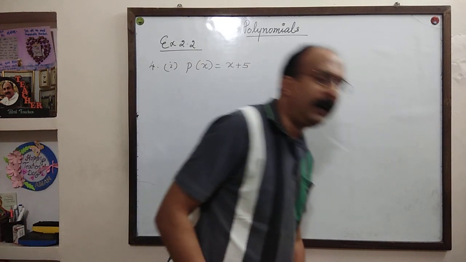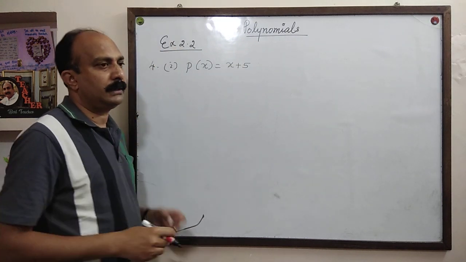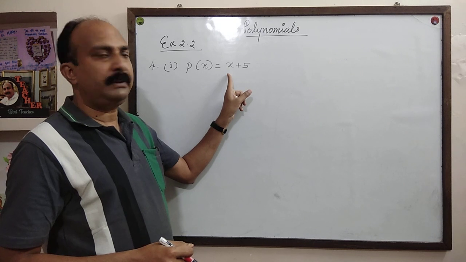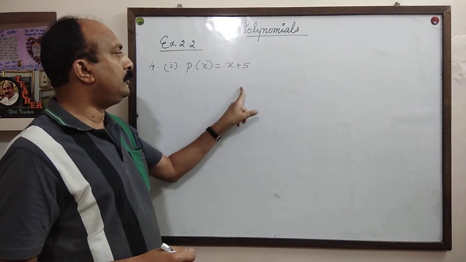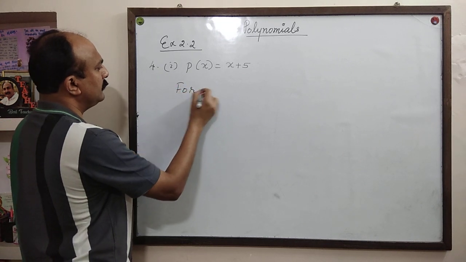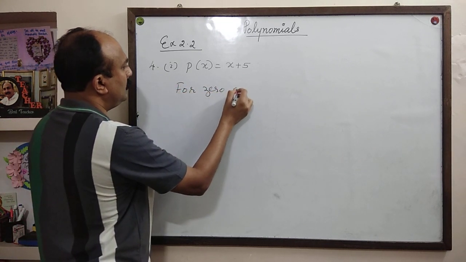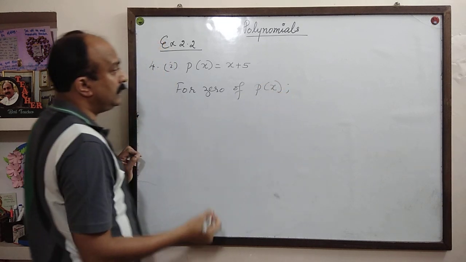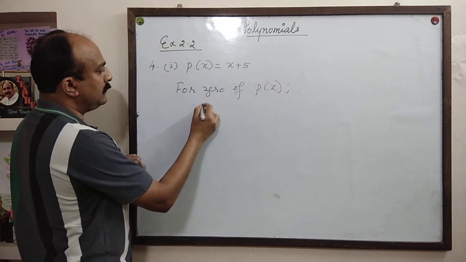We are asked to find the zero of this polynomial. Always remember, zero of a polynomial is that value of the variable for which the polynomial value becomes zero. So for the 0 of p(x), what is needed? The value of p(x) equal to 0.